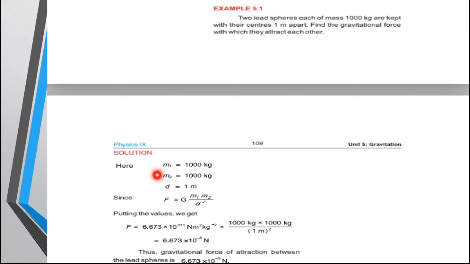By putting the values from the above data into this equation, we get the answer as 6.673 multiplied by 10 raised to the power minus 5 Newton. Because the answer has a negative power, you can see that this gravitational force is so small.